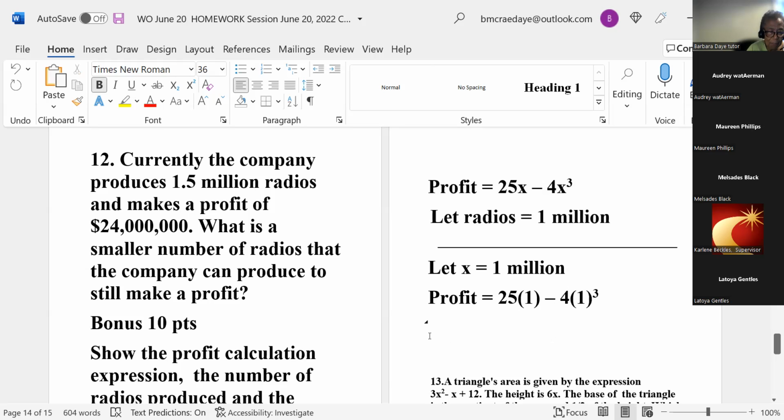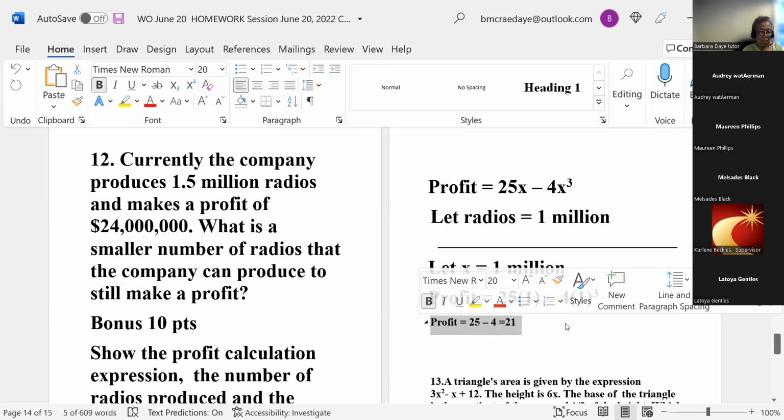So you'd have profits equal 25 minus 4, and that would be equal to 21. Now it's in millions because I didn't put the zeros, but still that would be 21 million profit. So even with 1 million radios, you'd make a profit of 21 million.